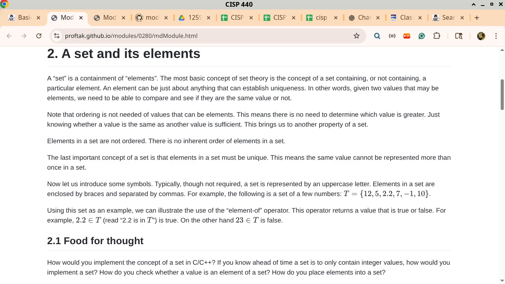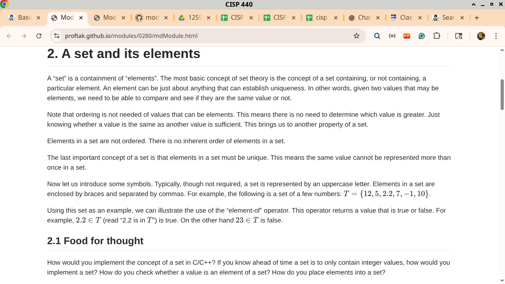So 2.2 is an element of T, or 2.2 is in T, is a Boolean expression, which means it can be true or false. In this case, it is true because the way I define set T has 2.2 as its element. So that's why the expression of 2.2 is an element of T is true.